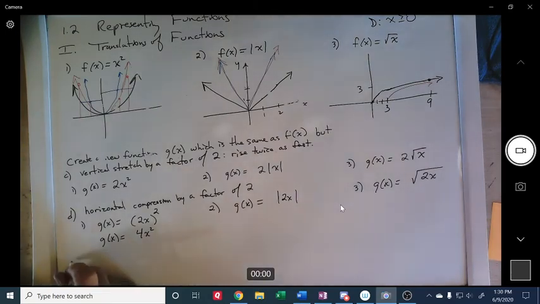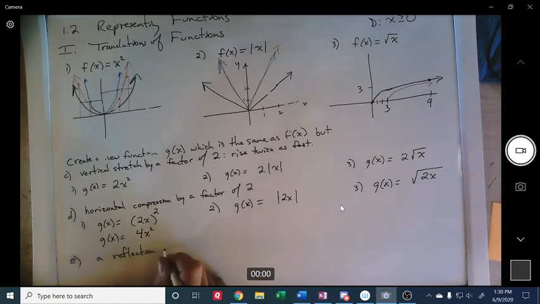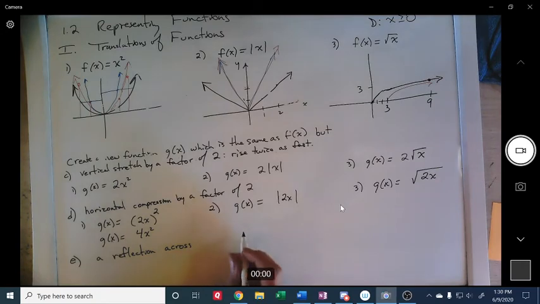Let's go with E. A reflection across the, now we can try it in two different ways, but let's try first of all across the x-axis.